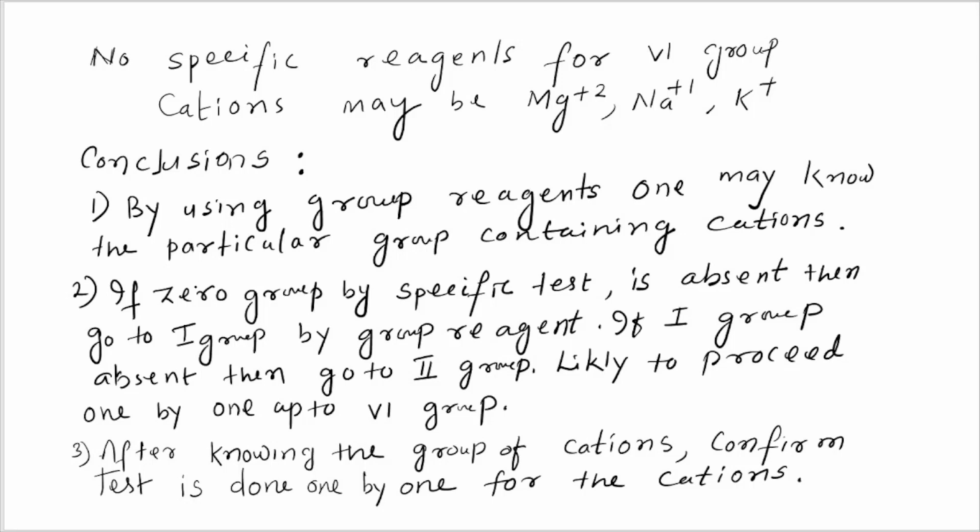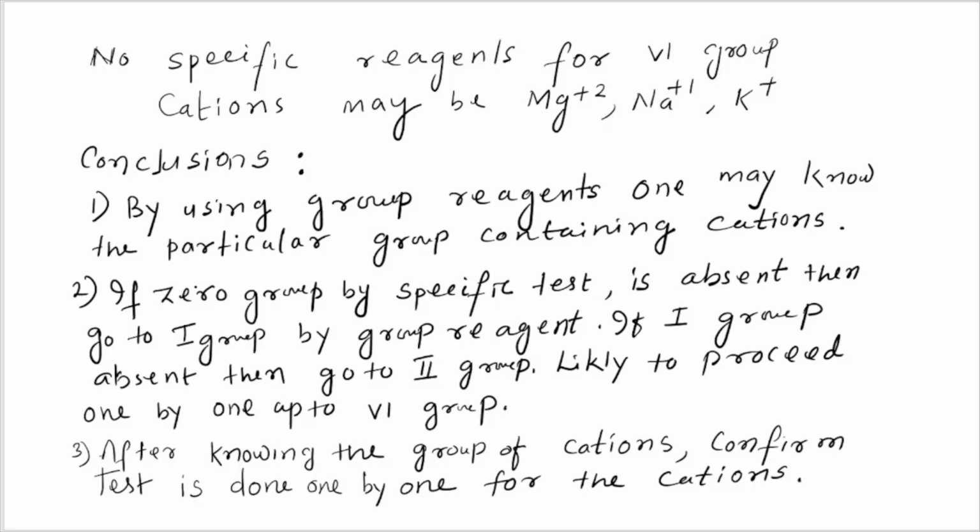In the fourth group, you will take ammonium chloride and ammonium hydroxide and pass H2S gas. Here a colored precipitate is obtained if they are present. If the cations of the fourth group are present, surely you can show the cation. What are the cations? Manganese +2, zinc +2, cobalt +2, nickel +2.